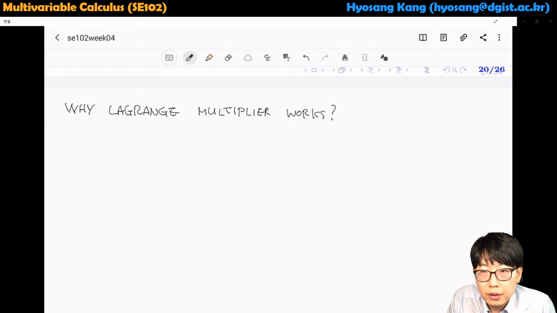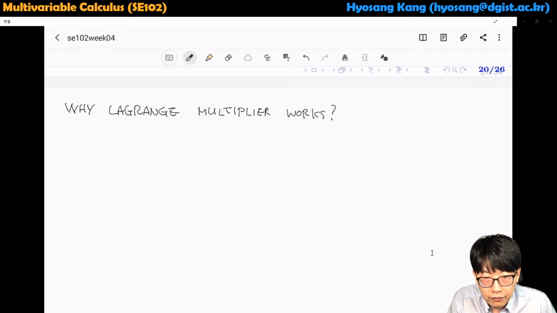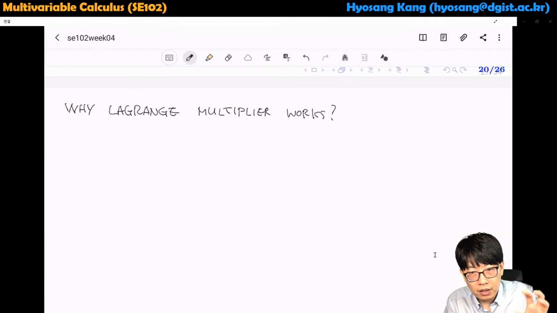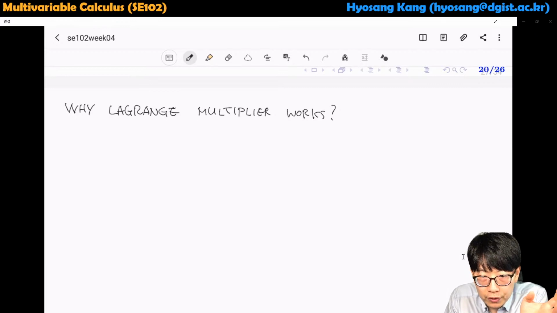It's a question. Let me answer the question first. Good question. We're not finding extremal points of the graph of f. We are finding extremal points of the graph of f restricted to the level set of G. So the first question is: do we know that the extremal point of f lies on the level set of G?